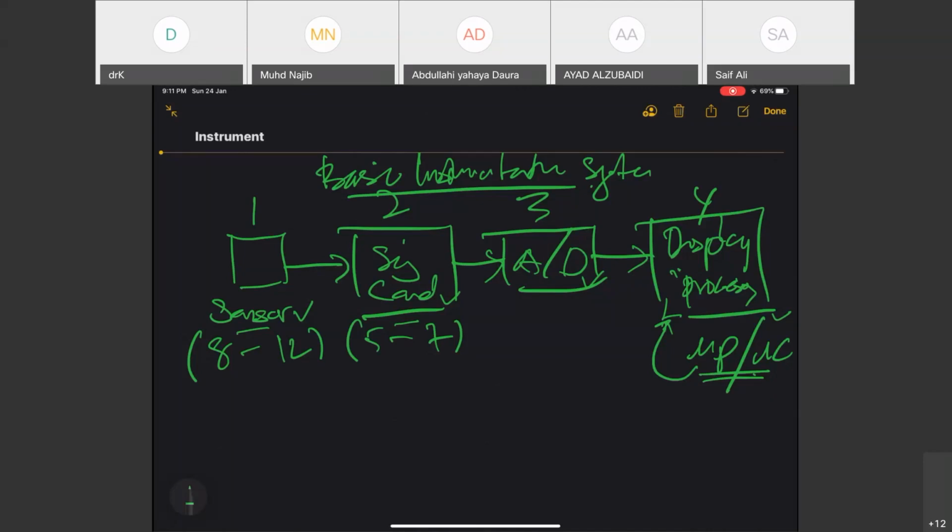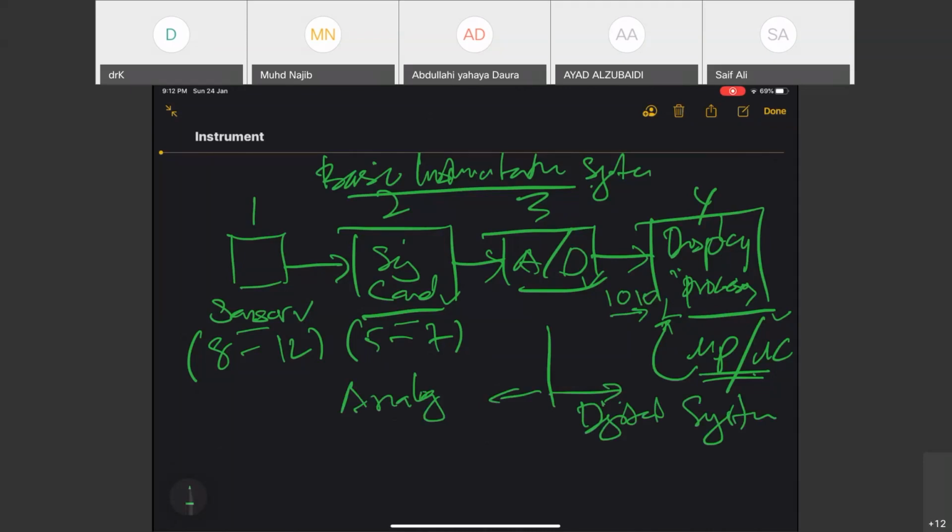Which is 0, 1, 1. So from here onward, you are working with a digital system. But before this point, everything is in analog form.